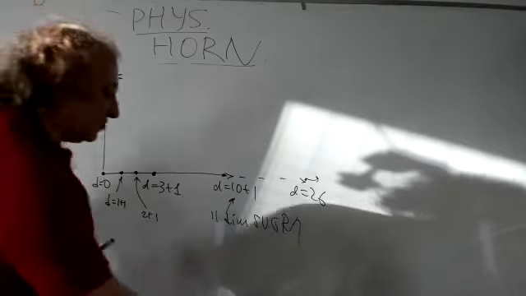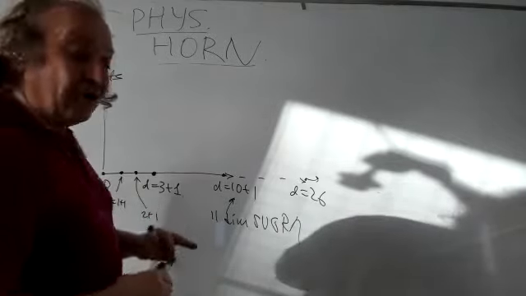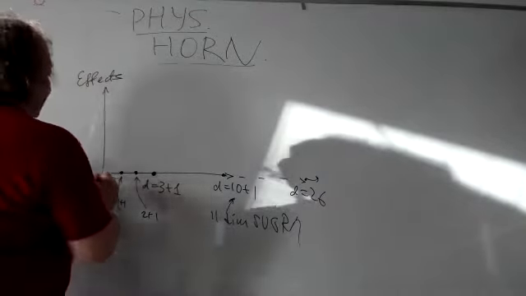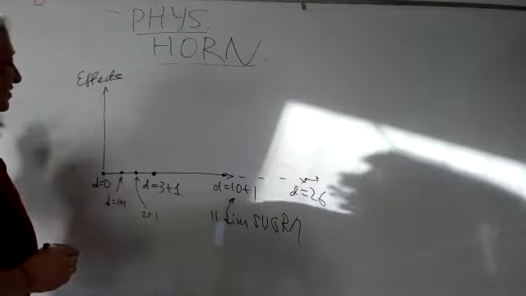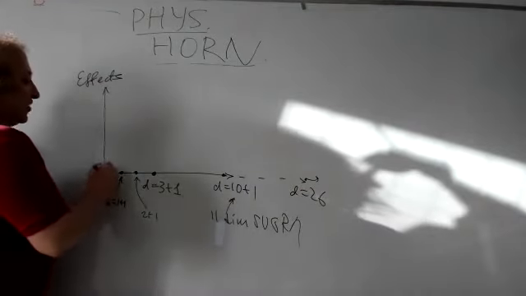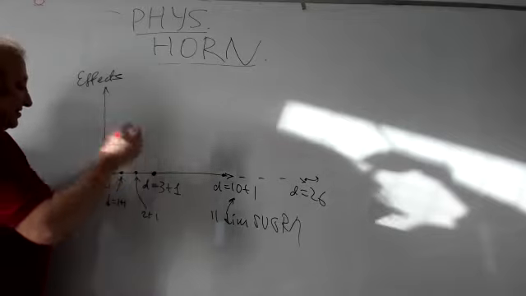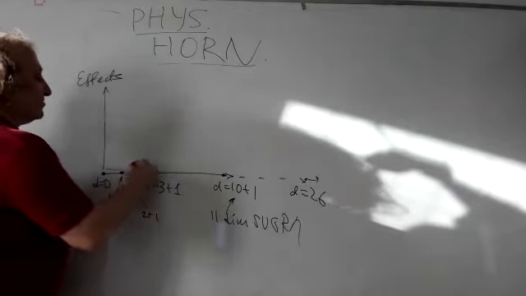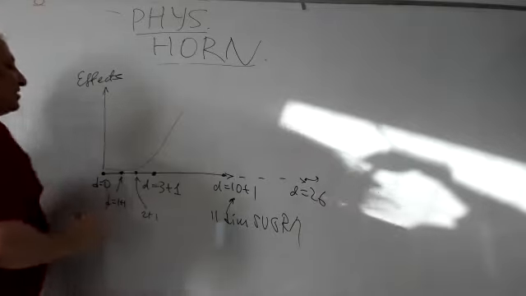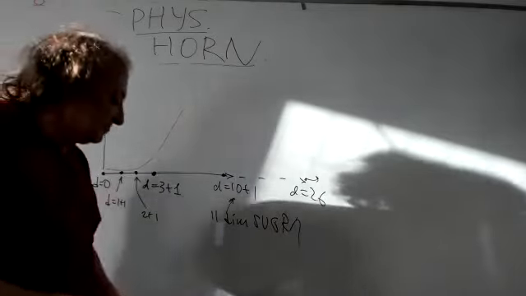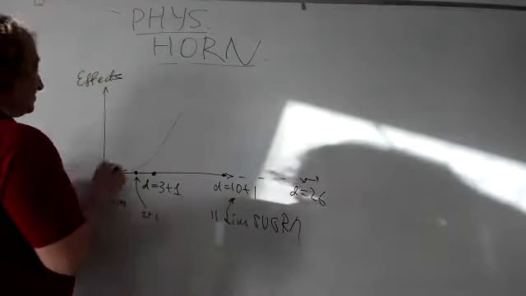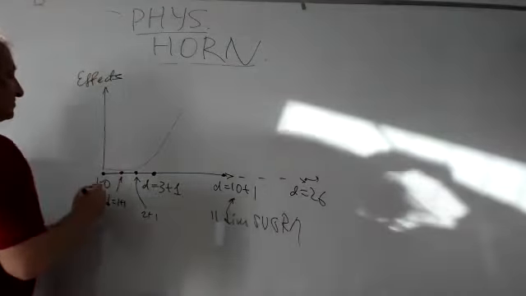And typically the behavior of the effect or phenomenon is like this. Simple worlds sometimes have no phenomena, but then a phenomenon appears like this, and then it grows. Another phenomenon goes like this, and then it grows.